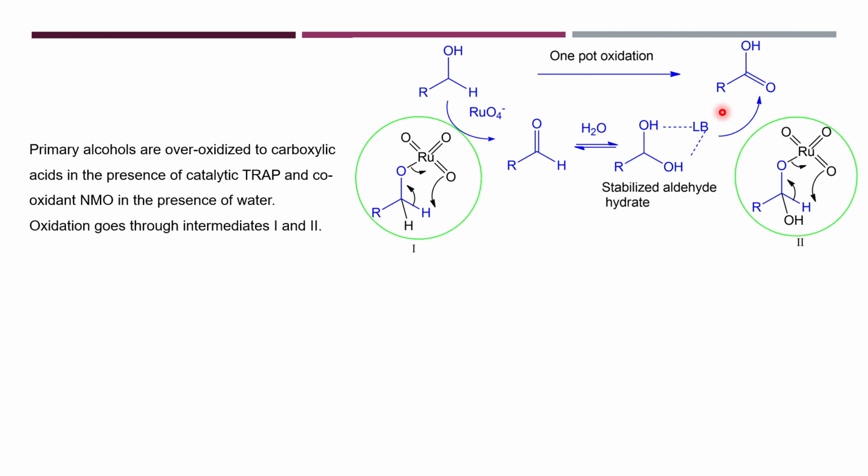This is very similar to the Jones reagent, where primary alcohols were oxidized to acids, and once you change the medium from aqueous, having some acetone, to completely CH2Cl2 using PCC or PDC, there was selective oxidation of the primary alcohol to aldehyde, but no further oxidation.